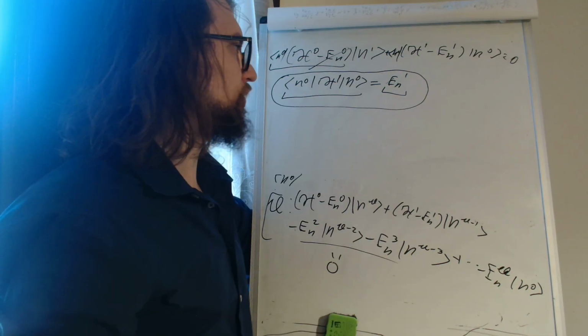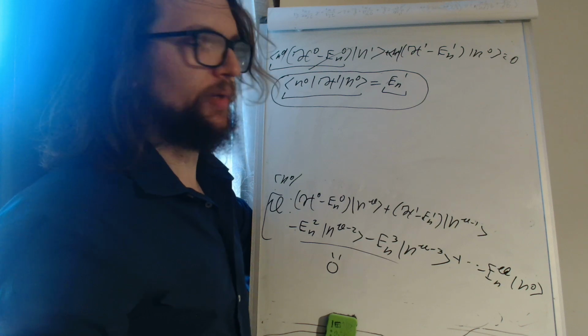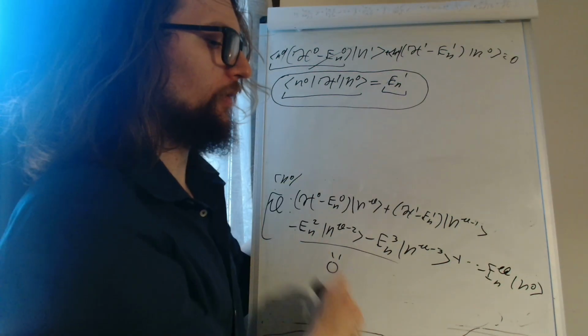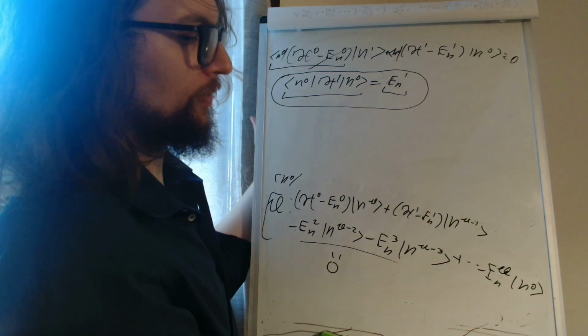So we got the formula to evaluate the first order perturbation term. Now what about the other orders? They can also be simplified.